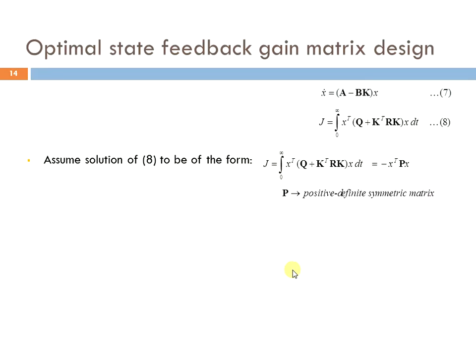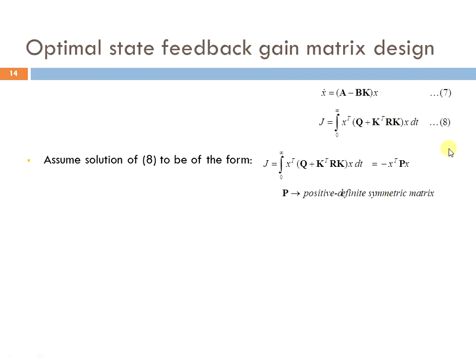So in arriving at the solution for the performance index optimization, we assume the solution of 8 to be a quadratic expression x transpose P x, and this is the reason why this design approach is referred to as a quadratic optimal control.